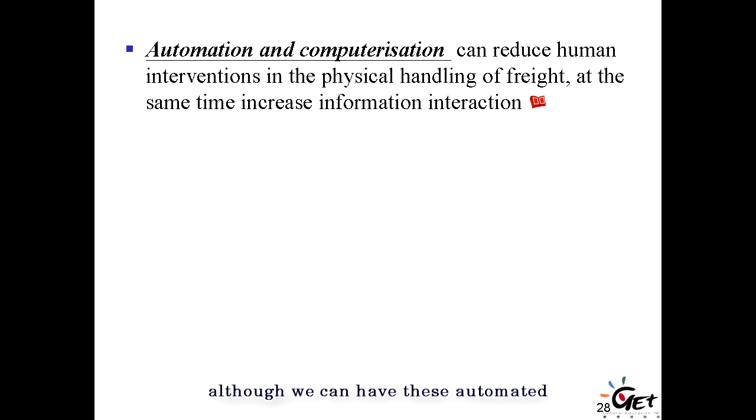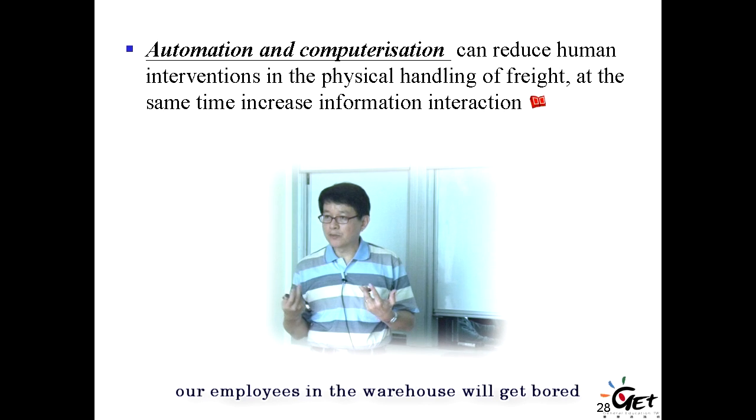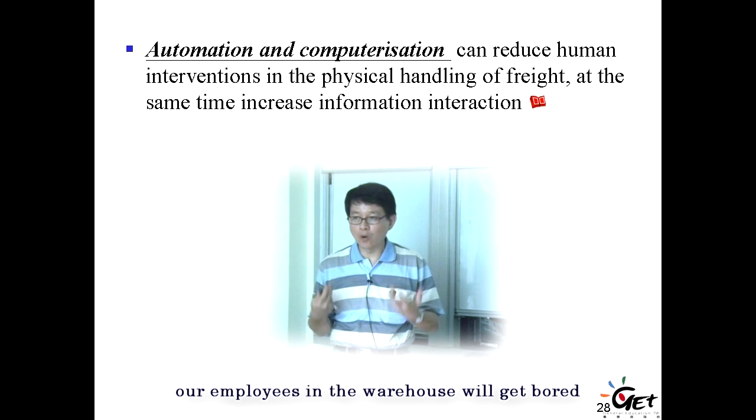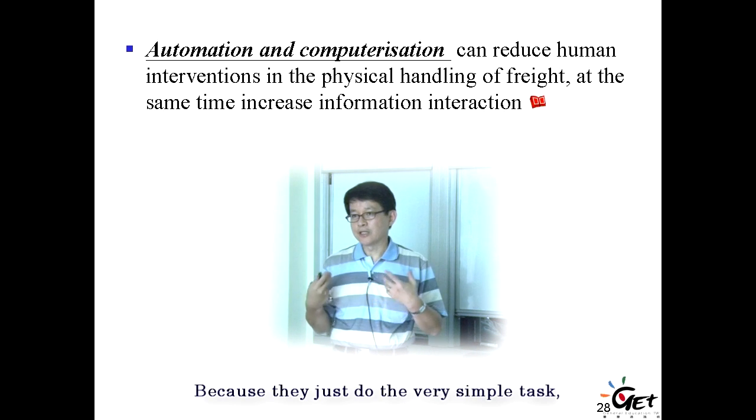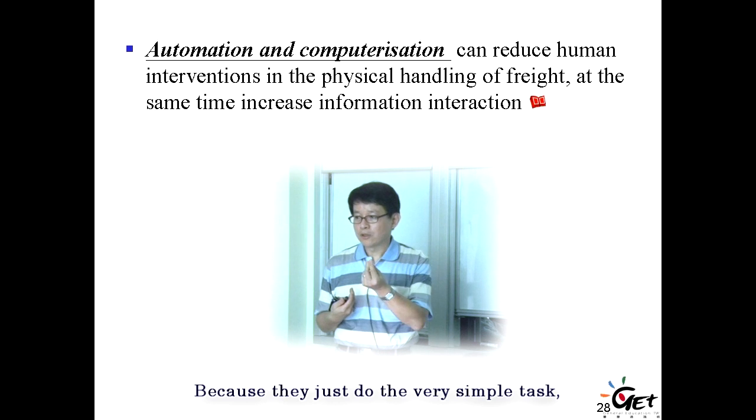However, although we can have this automated information system in a warehouse, we still need to consider the human factors. That means we still need to consider whether or not our employees in the warehouse will get bored because they just do very simple tasks.